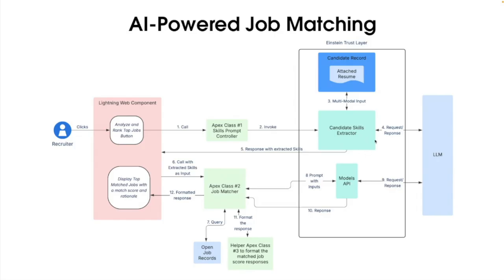In the previous use case, we invoked the prompt template directly, but in this instance, we are using an Apex class as a controller that can analyze and process these inputs and then invoke this prompt template directly from the Apex class. The prompt template itself will also ground information like the previous use case using the attached resume and the candidate records.